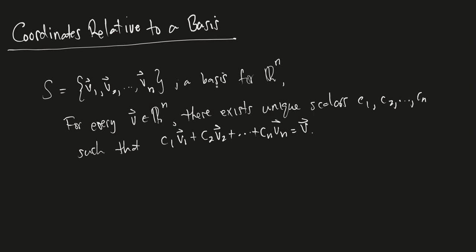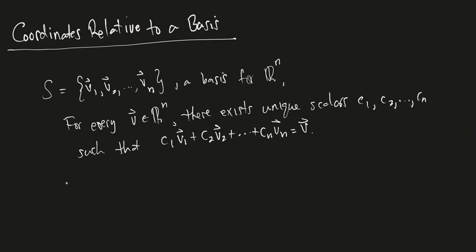So the idea of a basis is that there is always a unique linear combination that will produce every vector in our space Rn. So no longer is it the question where only some of the vectors can be obtained, but now we're saying every vector in Rn can be written uniquely as a linear combination of these vectors, right?